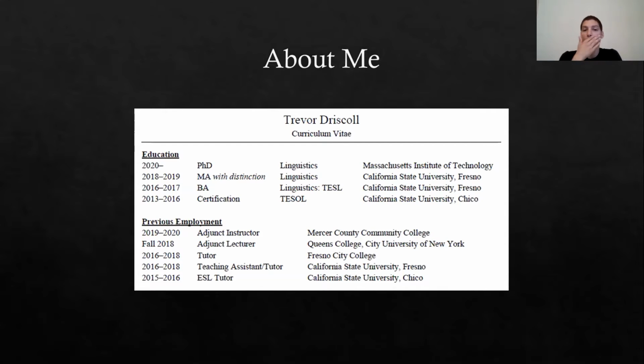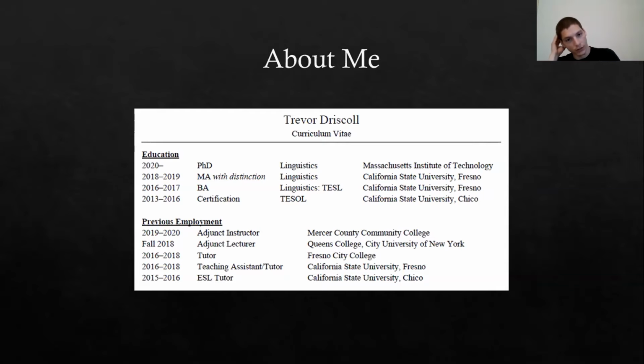I did my bachelor's and master's degrees in California. They were also in linguistics. I actually started out interested in teaching ESL, but I became more interested in the more scientific and theoretical aspects of language instead, going through that course of my education. But as you can see, I bounced around California a bit, and while I was in school, I was also working mostly as a teacher and tutor. Until 2018, I was in California.